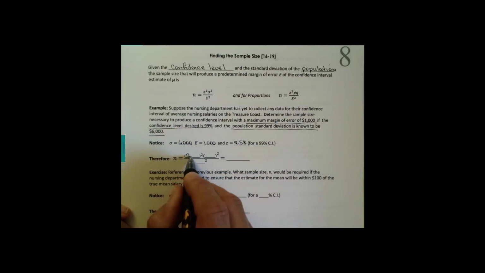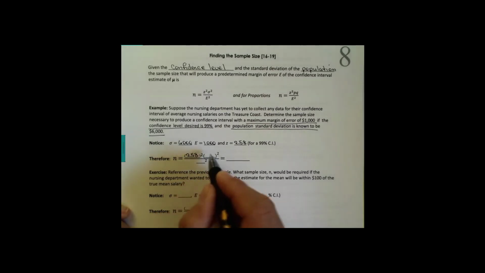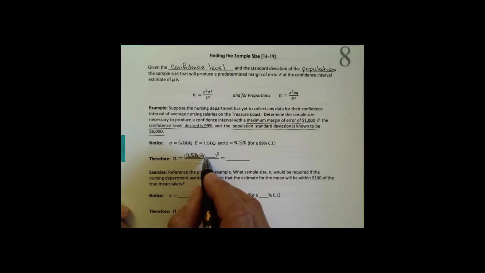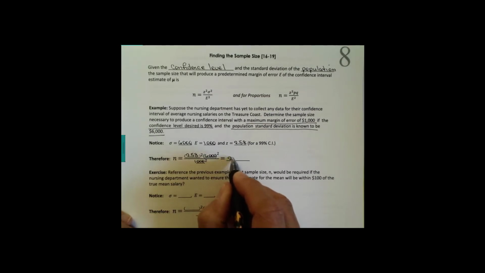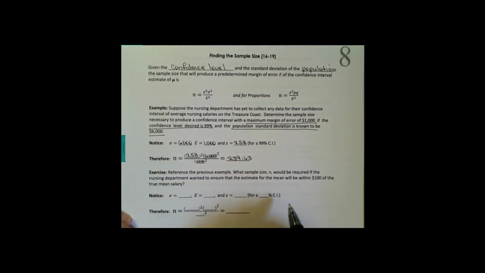We've got z, which is 2.58 squared, times the population standard deviation of $6,000 squared, and then we want to say our margin of error is 1,000 squared. So you plug all that into your calculator, and it should work fine because order of operations should work with you on this one. And what you'll come up with is 239.63 whatever.